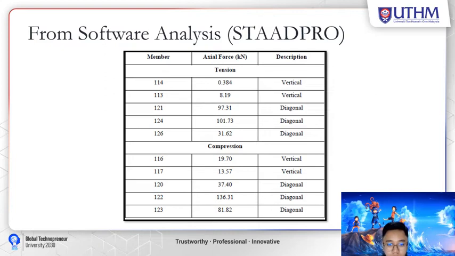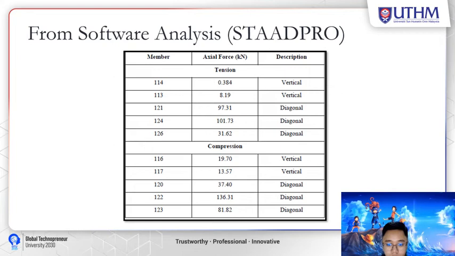Member 121, axial force we get 97.31, diagonal. Member 124, axial force 101.73, diagonal. Member 126, axial force 31.62, diagonal.